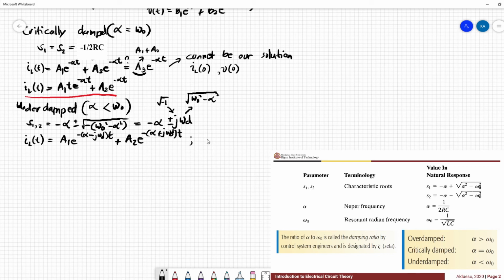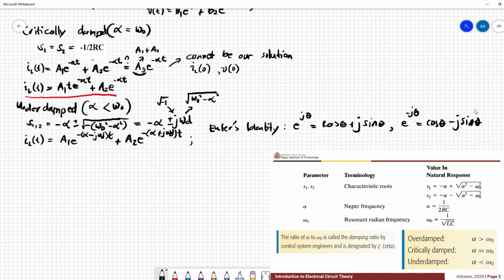Now using Euler's identity, e^(j theta) and e^(-j theta), and factoring out e^(-alpha t), we have A1 e^(j omega d t) plus A2 e^(-j omega d t).